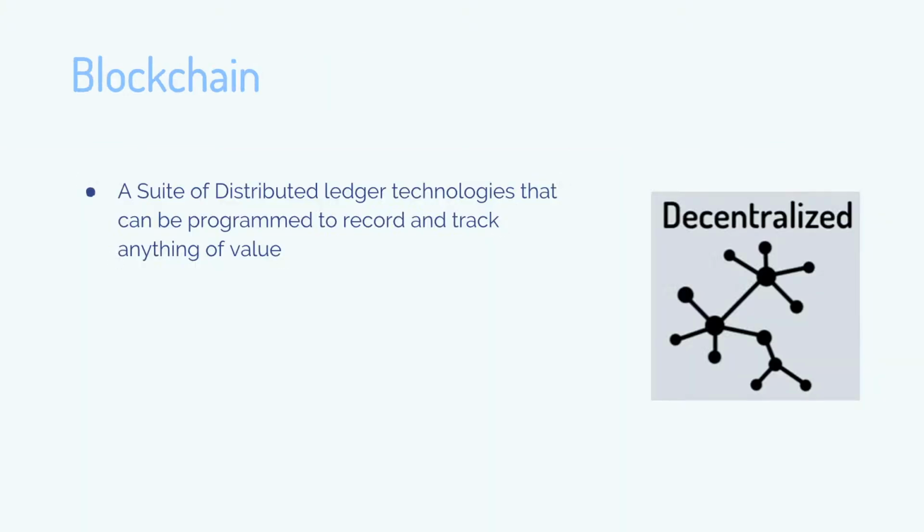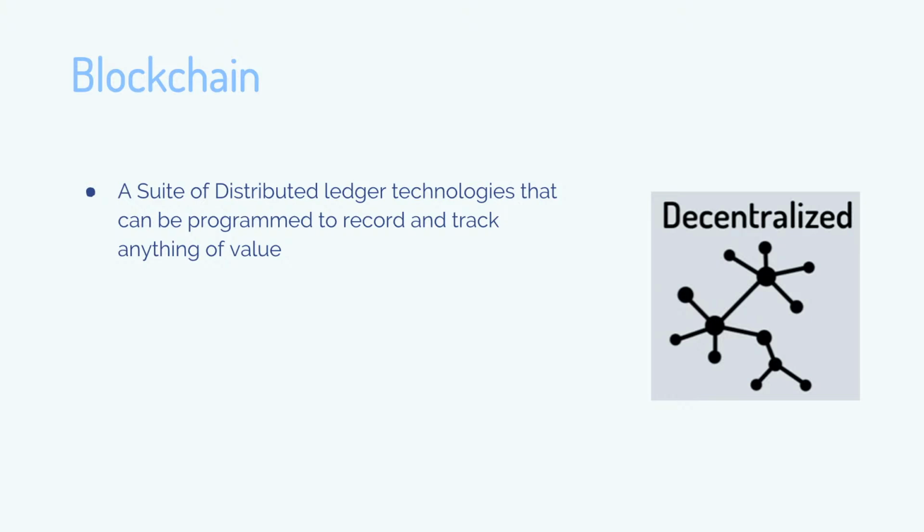And then, blockchain is nothing but a distributed ledger technology. About the distributed ledger, I will tell you what a ledger is. A distributed ledger means distributed servers, generally they call it a ledger. Here we can see it's a decentralized network.